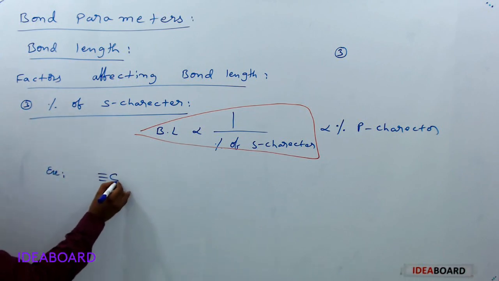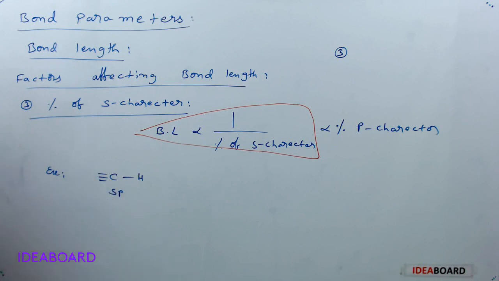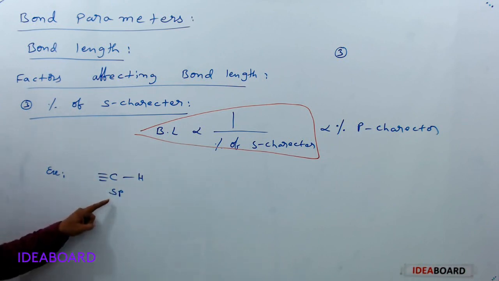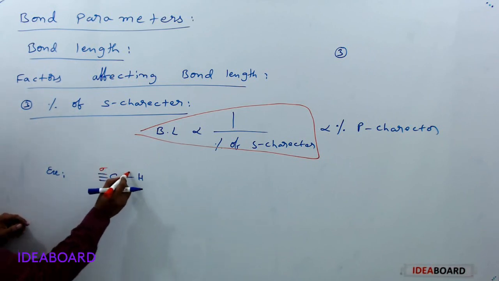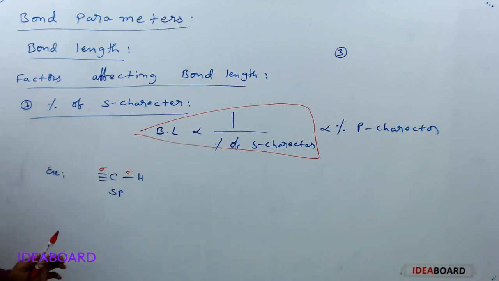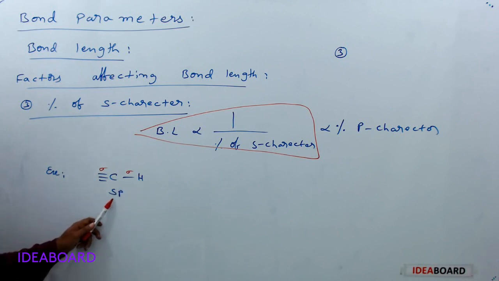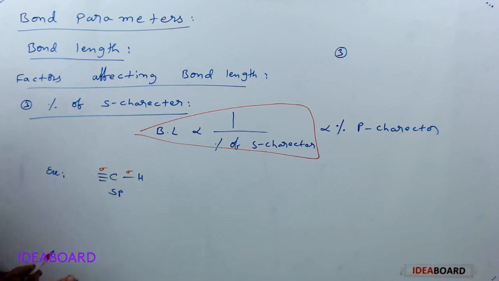An example for this: suppose there is a triple bond. A carbon having a triple bond is sp hybridized. Simply count how many sigma bonds we have: 1 sigma, 2 sigma. According to the formula given in the hybridization calculation, 2 sigma bonds means sp hybridization.